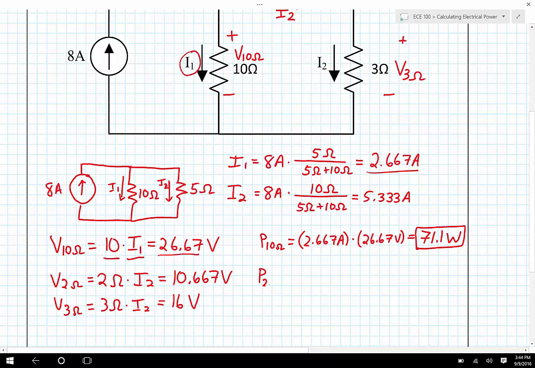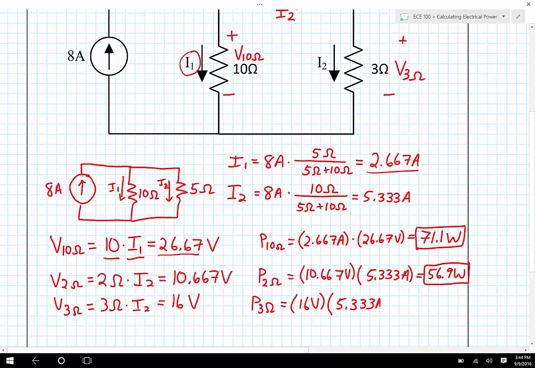The 2 ohm resistor is going to have 10.667 volts multiplied by 5.333 amps, and that works out to be 56.9 watts. So about 50 or 60 watts. And then the 3 ohm resistor is going to be the product of 16 volts multiplied by 5.333 amps, which works out to be 85.3 watts.